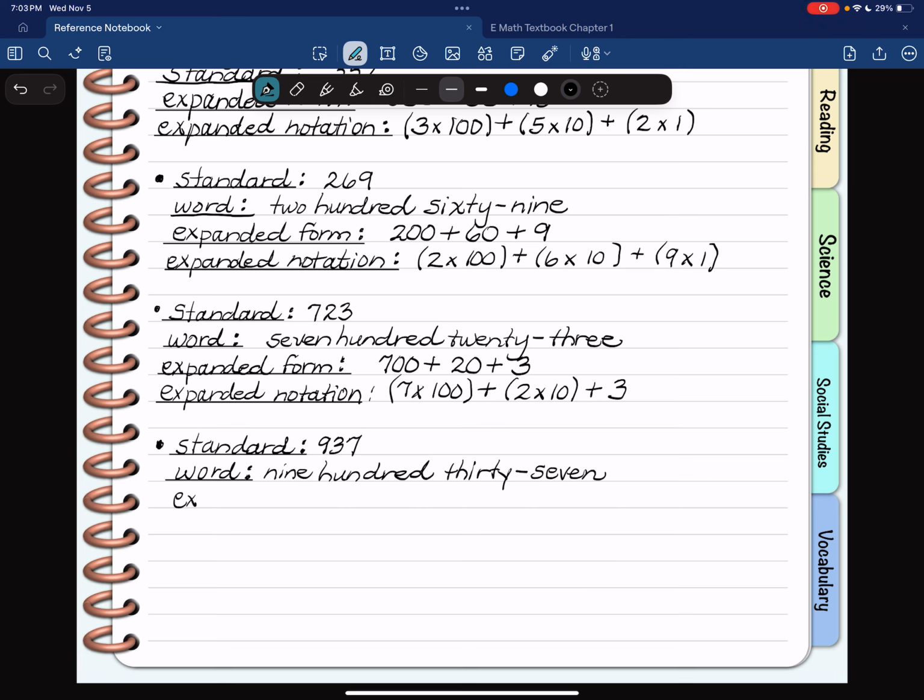Let's do expanded form. This is where I think about flats and rods and cubes. How many flats do we have? We have 9 of them. How many rods? 3 of them. And how many cubes? 7 of them. And then let's do expanded notation.